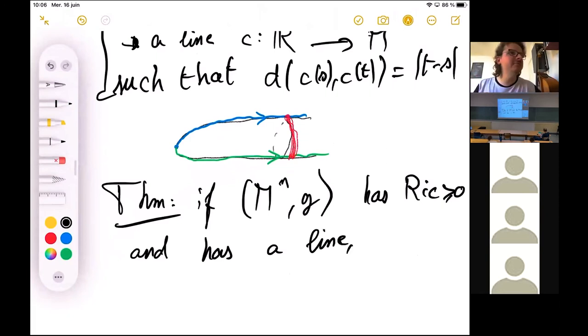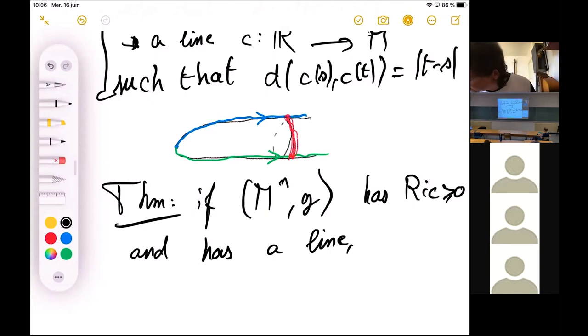So basically it's a limiting case of the Myers theorem. Myers theorem tells us that when you have Ricci curvature bigger than something positive, then the diameter is finite. And having a line in some way is like having infinite diameter, like you have an infinitely long geodesic in both directions.